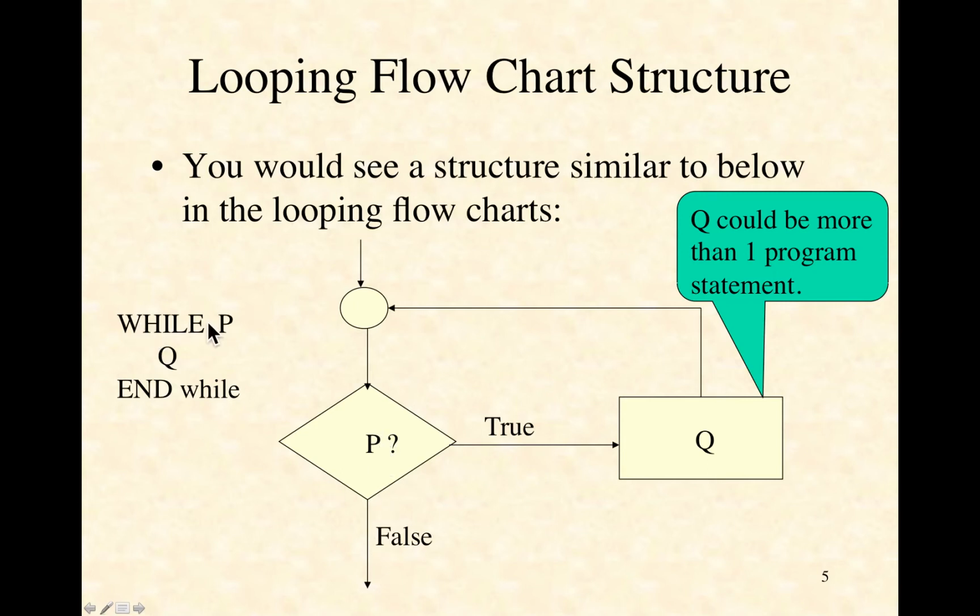And this is the generic pseudocode: while P, do Q, and end while. And Q could be one program statement or more. And in a minute we'll see a more detailed version of this generic flowchart. So the flowchart and the generic pseudocode: while P, Q, this is the task and the update, and the end while.